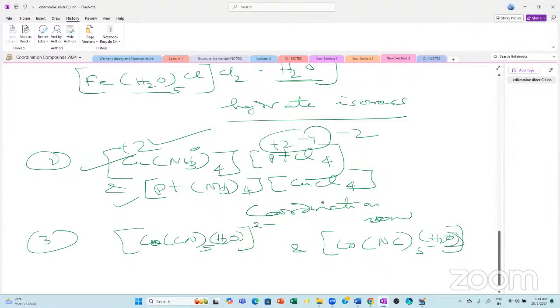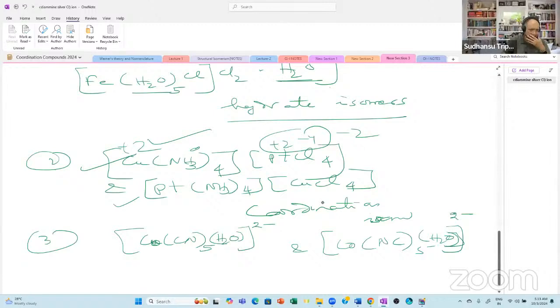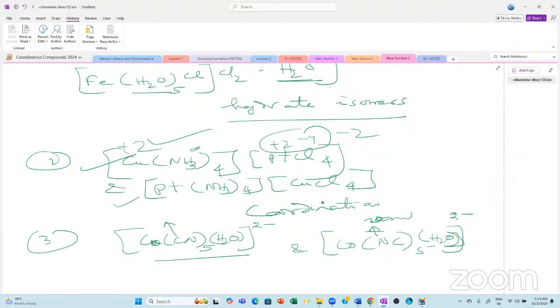Linkage isomers. These are linkage isomers. Once you write CN, everybody will understand you are talking about carbon, which is the donor, and if you write NC, nitrogen is the donor. Quickly tell me the name. Jump onto one another.